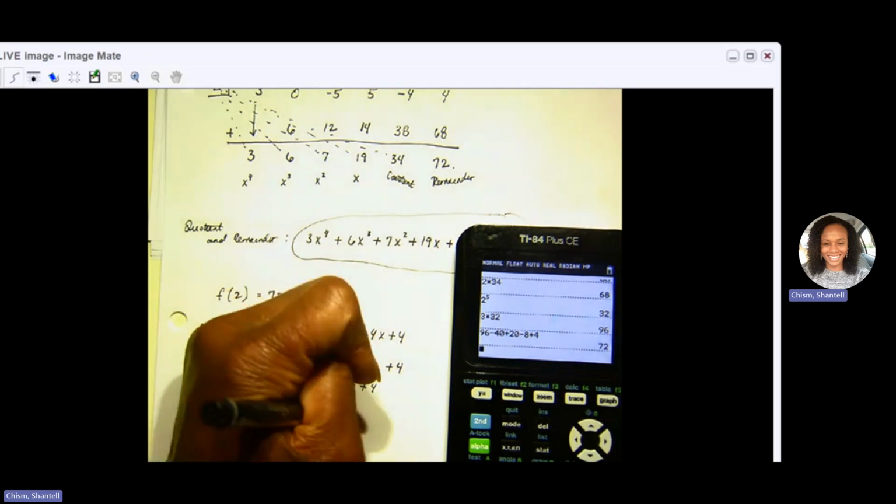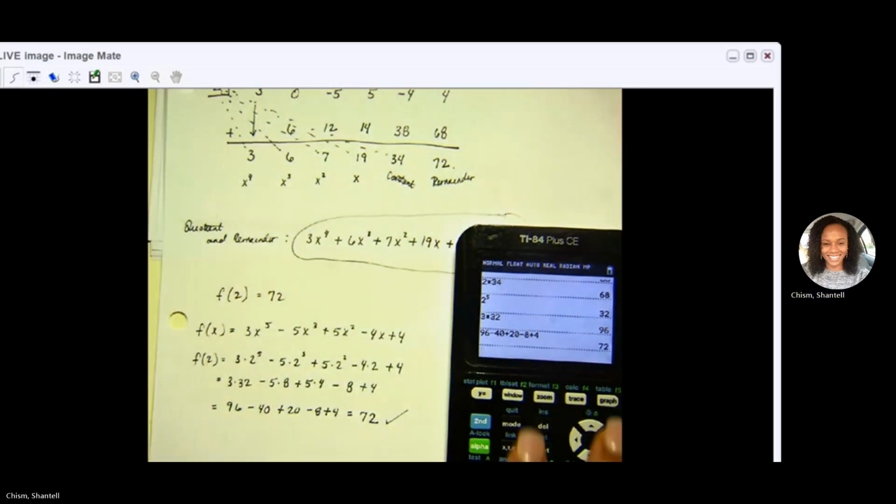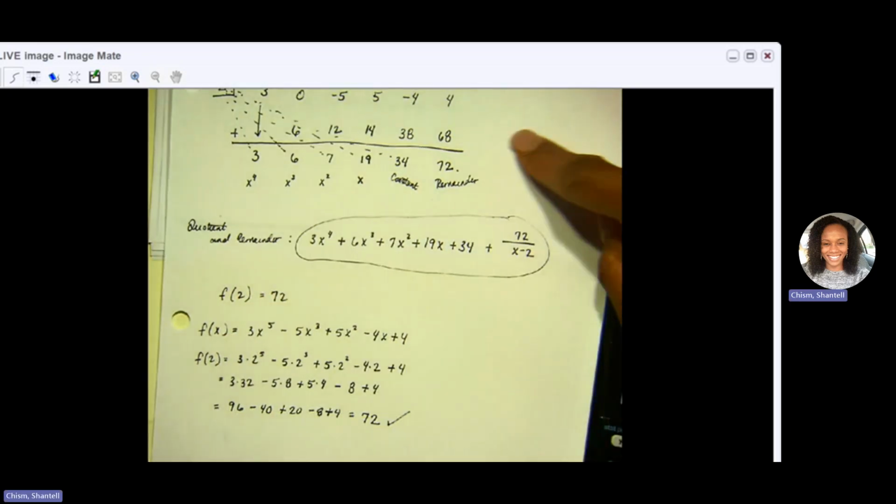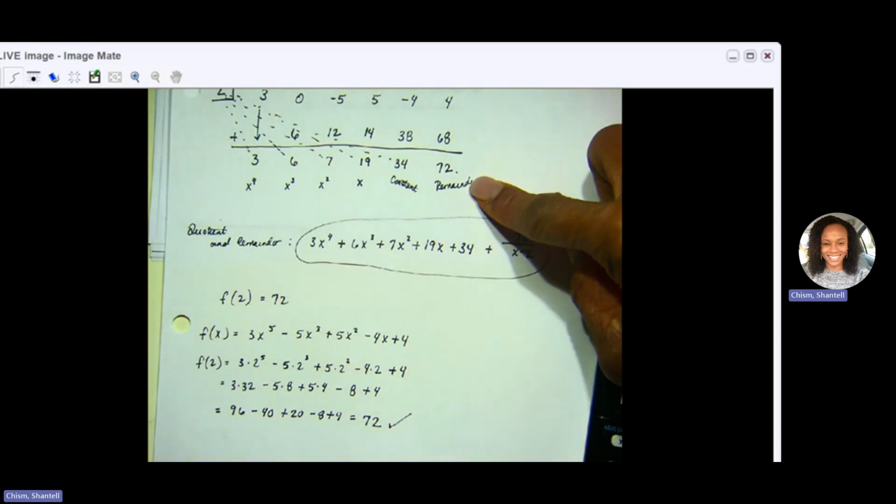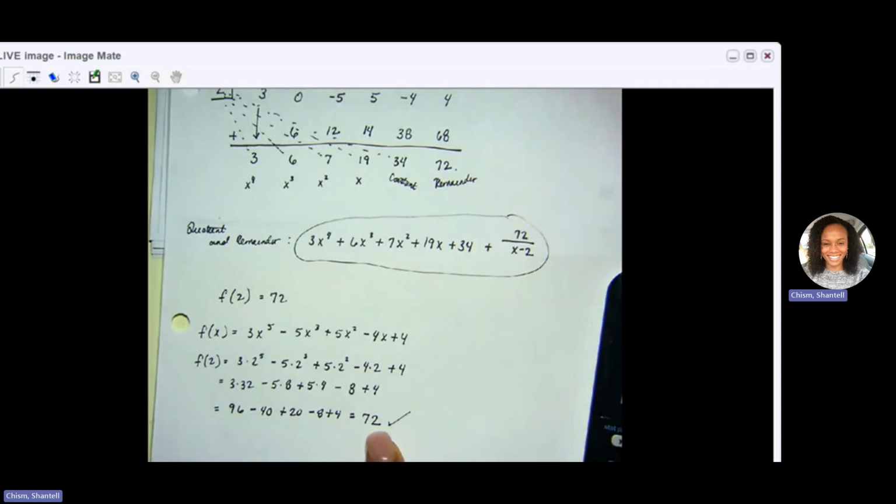And I get 72. And you just verify that the remainder, when you do the division, the remainder was 72, which is equal to the function evaluated at 2, which was just 72. So that's what the remainder theorem says.